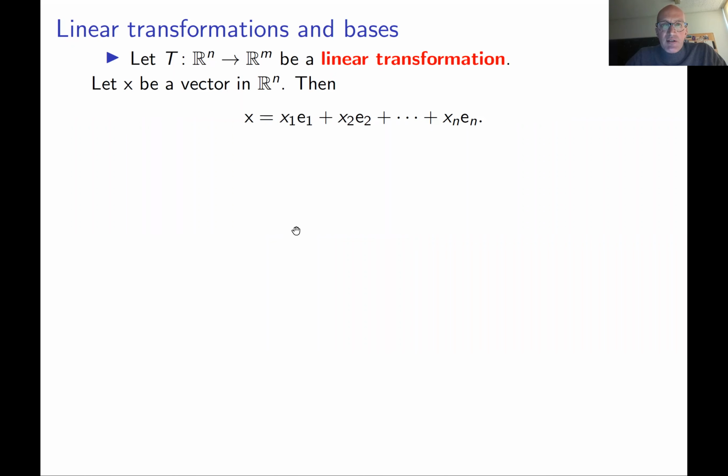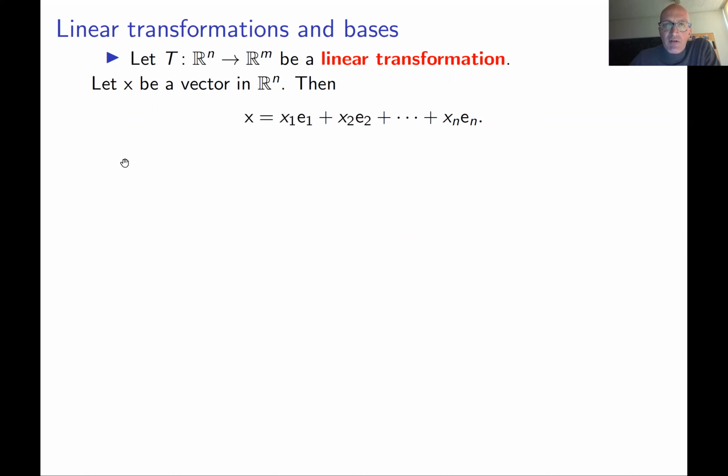If you have a linear transformation T from n-dimensional space to m-dimensional space, you take a vector x in Rn, then you can decompose vector x as a linear combination of your standard basis vectors. So e1, e2 up to en are standard basis vectors of Rn, and x1, x2, and xn are coordinates of vector x. When you put vector x as a column x1, x2, up to xn, these are coordinates of vector x. But of course, you can write it down like this.